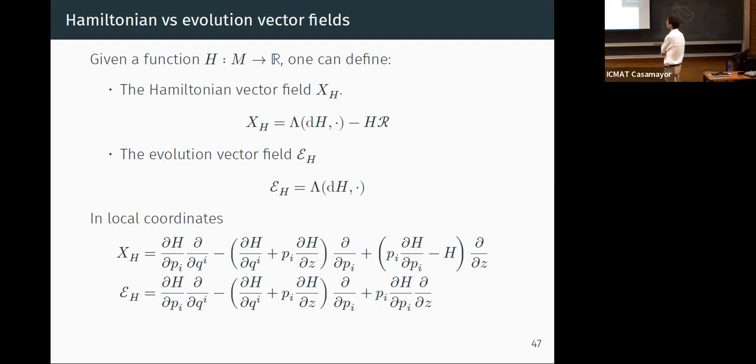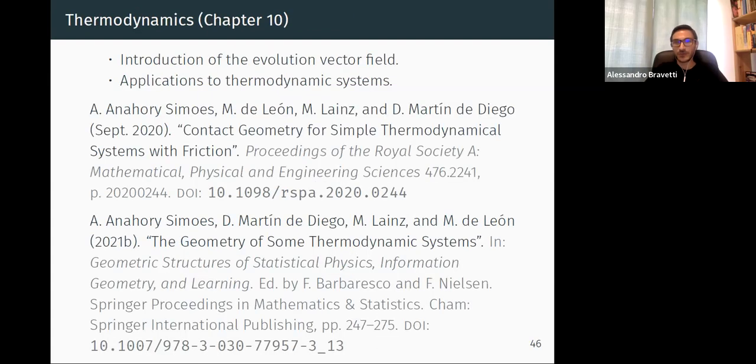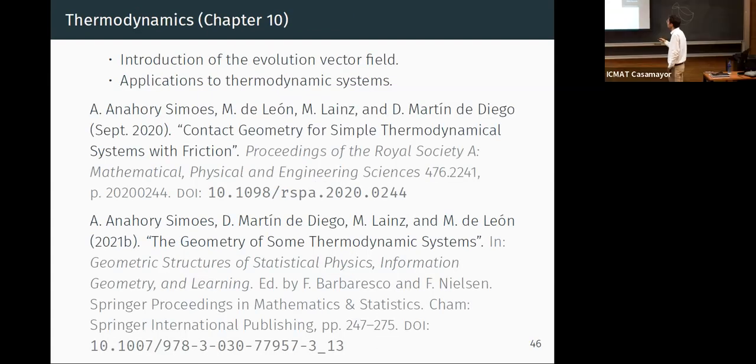Yeah, indeed, you can relate this formalism to the GENERIC formalism. More specifically, you can construct the brackets of the GENERIC formalism from an evolution vector field. We dealt with this in the first paper. Oh, okay. That was precisely my question. So you've already answered that.